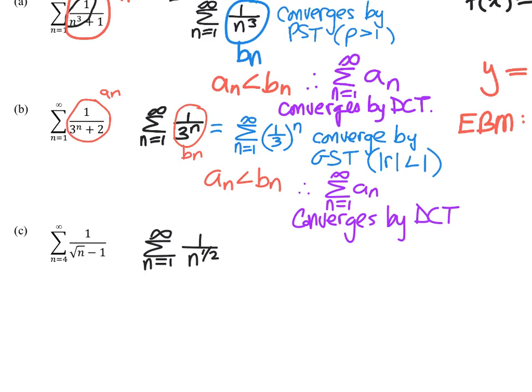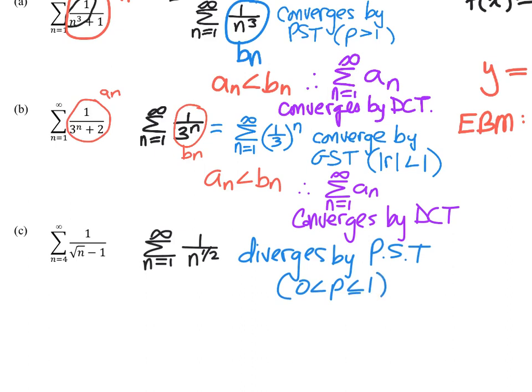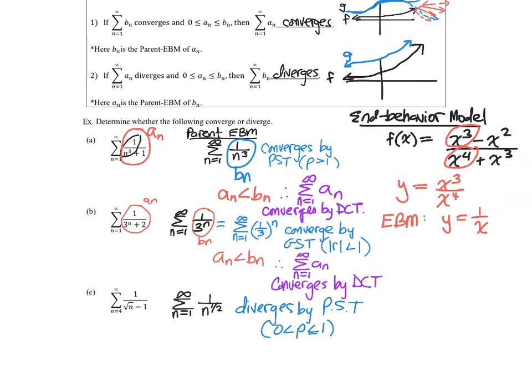All right, so what's going on there? Diverges, p-series test. And that's because the p-value is between 0 and 1. All right, so we're in a diverging situation.